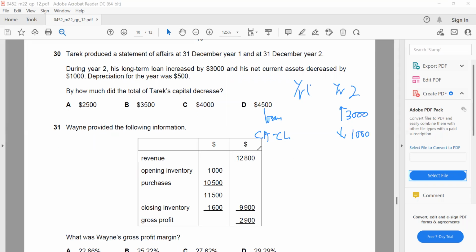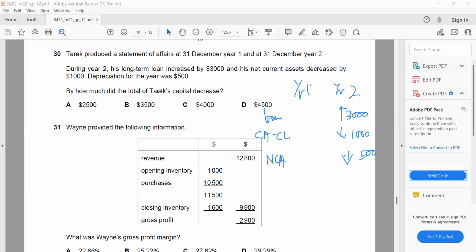Depreciation for the year was 500. Depreciation relates to the non-current asset, so that decreased by 500.